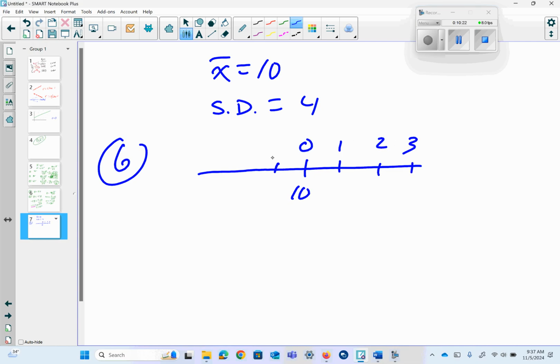That's a z-score of 0, -1, -2, -3. So this would be 14, 18, 22. And then the other way would be 6, 2, -2. Okay? So all I did is I either added or subtracted to get those z-scores. Okay?